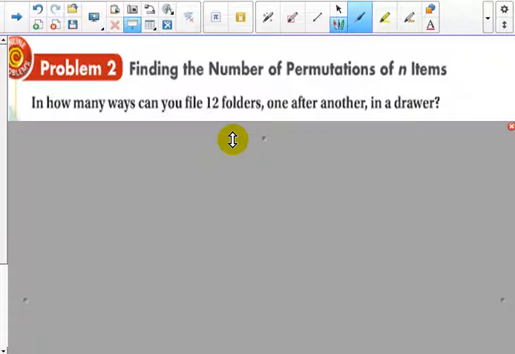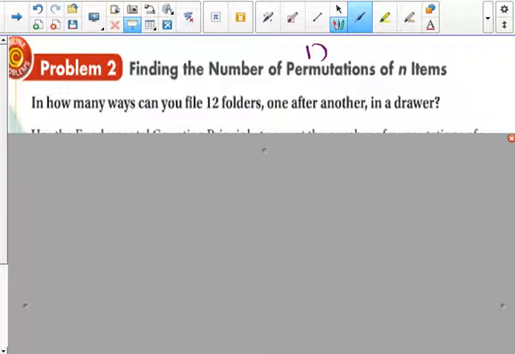It says, in how many ways can you file 12 folders, one after another, in a drawer? So when you look at it, you've got 12 folders, and it's like, how many ways can I order these? So it's going to be 12. If I take that 12th one and put it there, that means I have 11 to work with. So then there's only 11 ways to do the rest, which would leave 10, 9, 8, 7, 6, all the way down to 1.